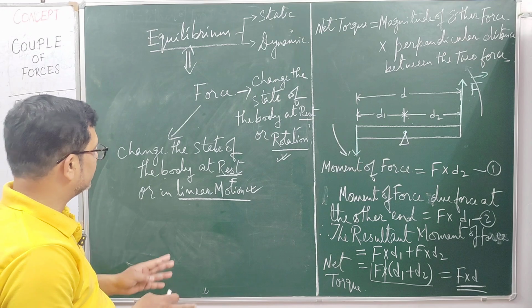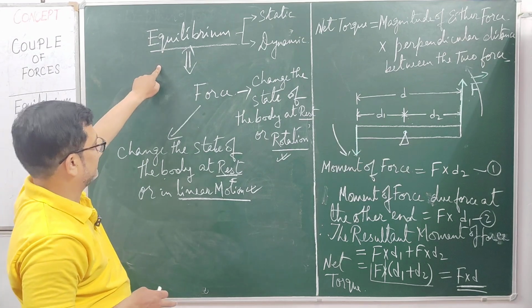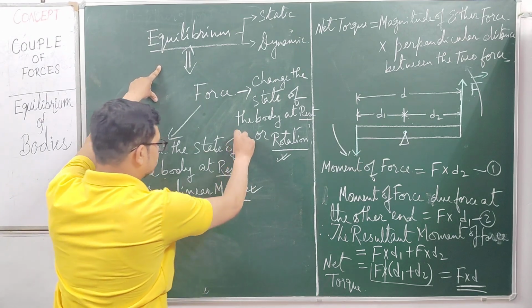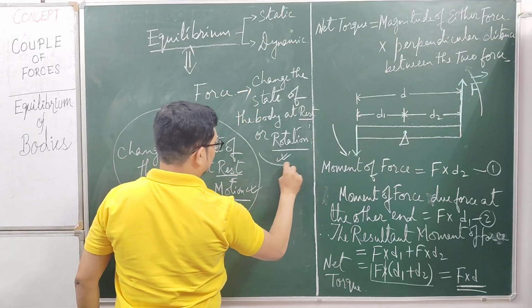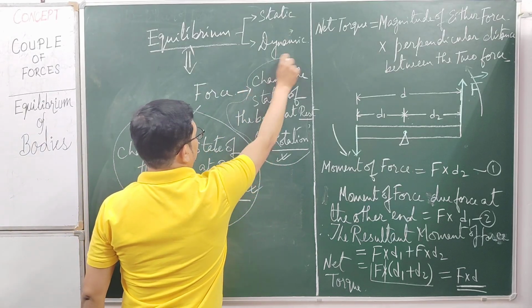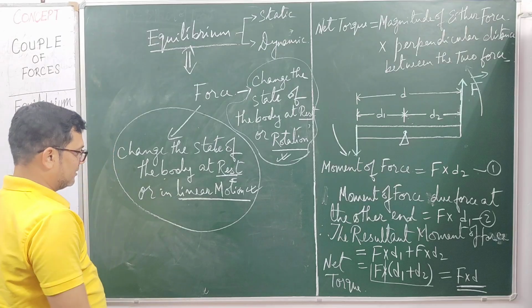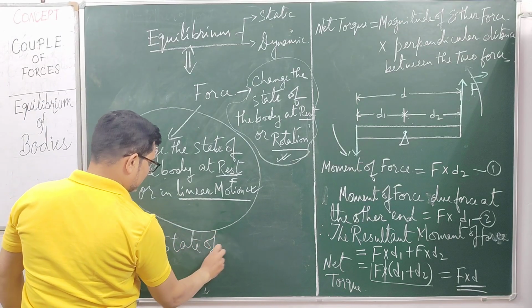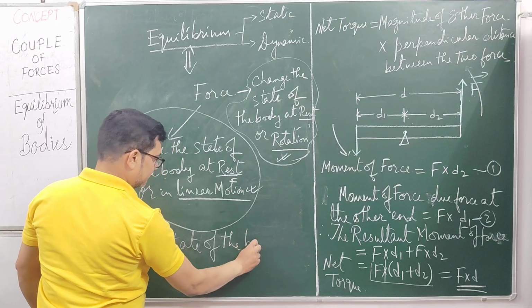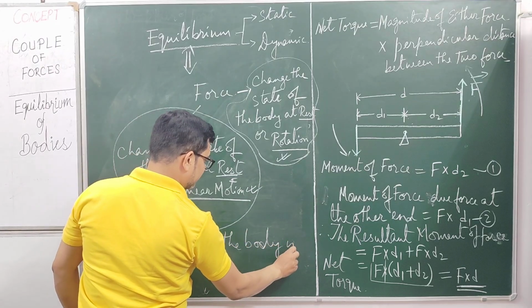So if a body is in equilibrium, it means that both the linear motion and the rotational motion are not happening. So the state of the body is preserved.